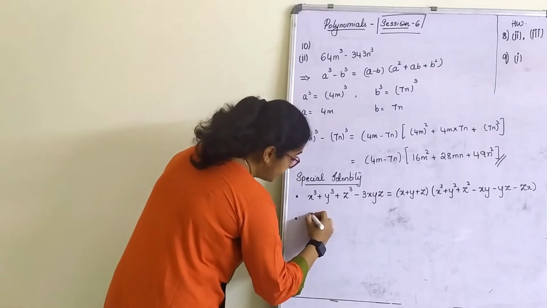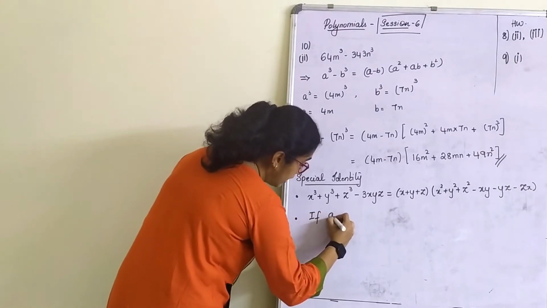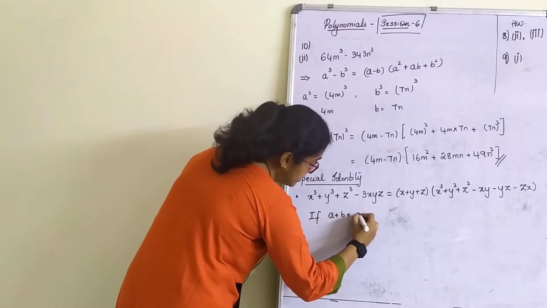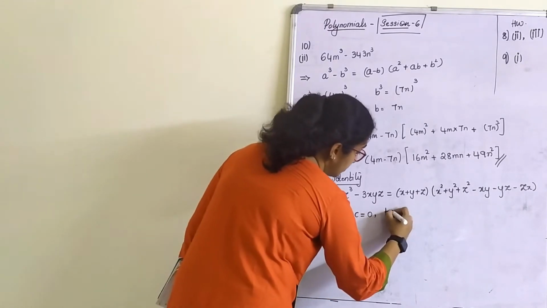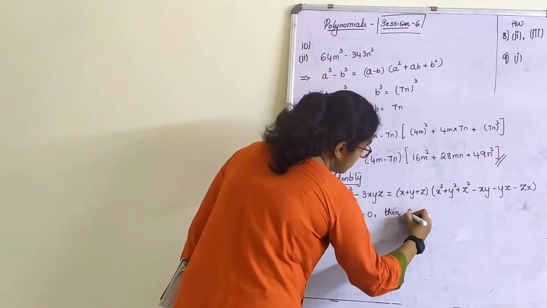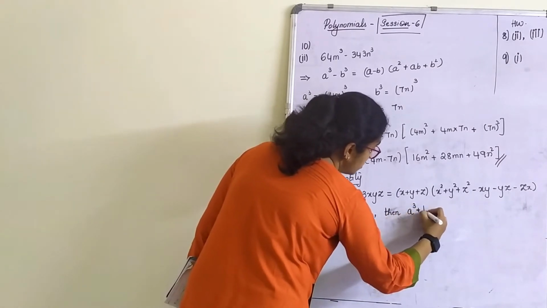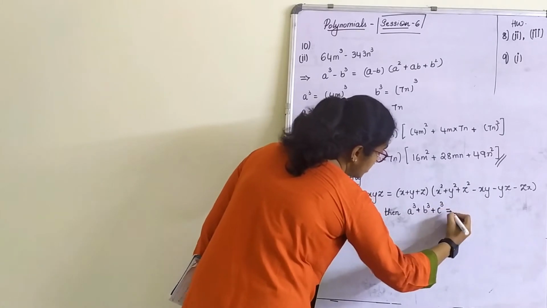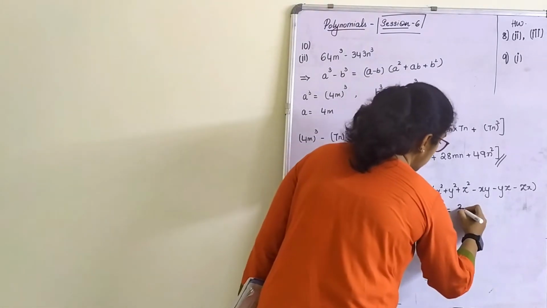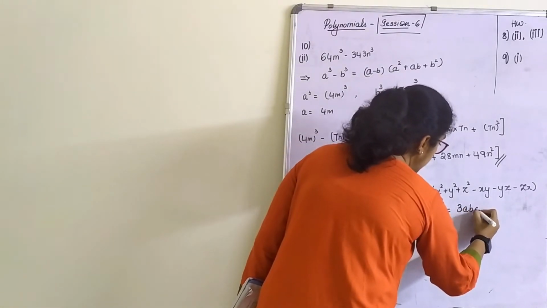So if a plus b plus c is equal to 0, then a cube plus b cube plus c cube is equal to 3abc.